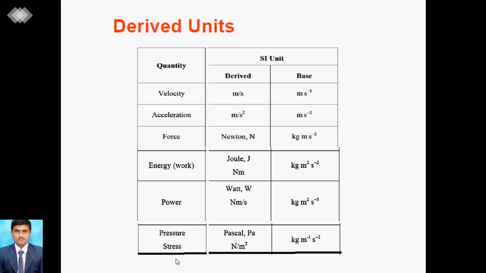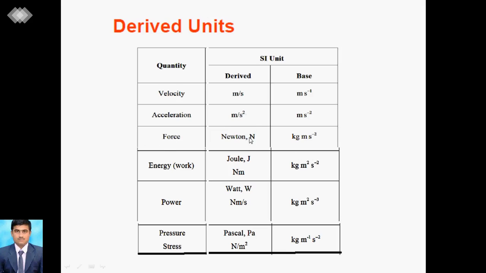Here the table indicates the different quantities and their different SI units. Velocity is meter per second, which we can also write as meter second raised to minus 1. Acceleration is meter per second square.